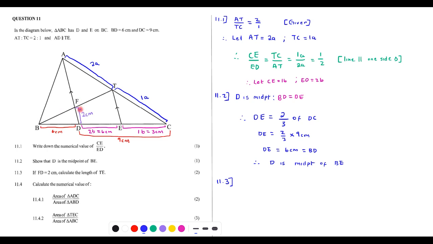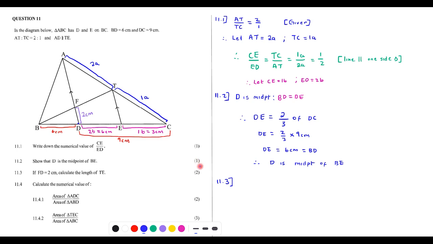So here we have D being a midpoint, which makes F a midpoint of BT. You can also prove that by calculating the ratio using proportionality of BD over DE, and then you'll see that when you calculate that with BF over FT, your answer is going to be 1. Because your ratio is 1, it means this point divides BF and FT equally.